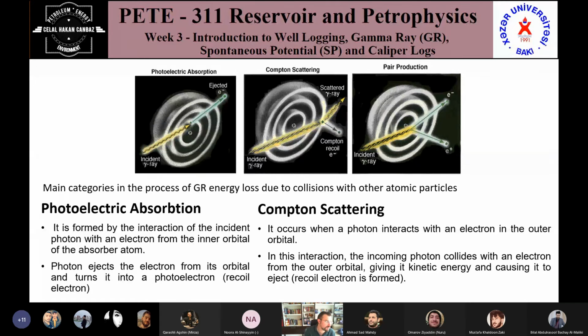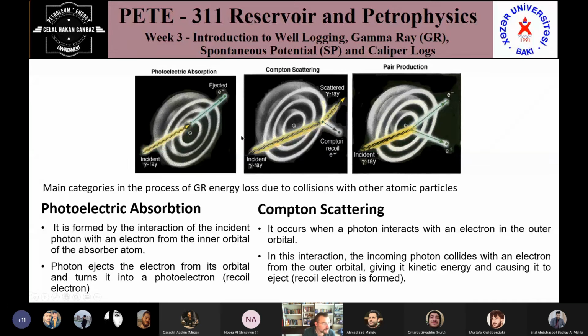Photoelectric absorption: when a radioactive photon comes to an atom and collides with the first inner orbital, it ejects an electron. Okay, it ejects an electron. This is called photoelectric absorption, and this electron turns into a photoelectron.